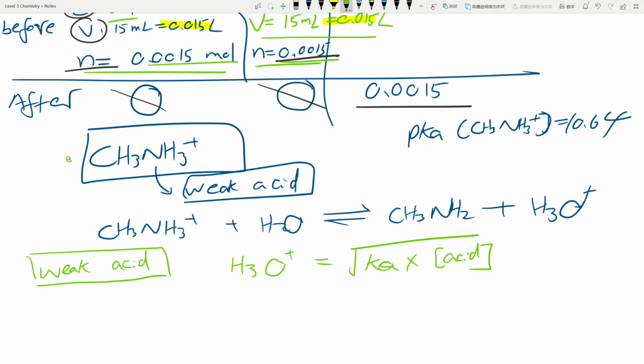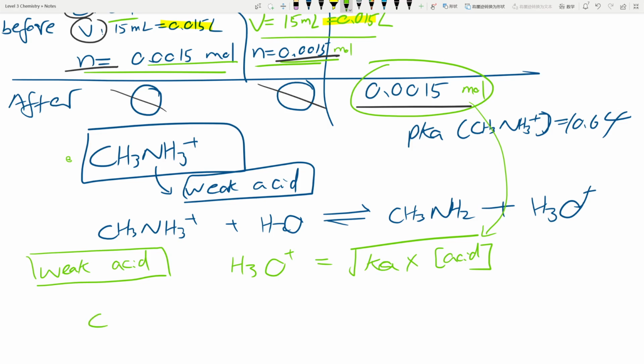And this is the reason why this one is a little bit harder, because a lot of people just use 0.0015 as the concentration of the acid. Well, you can't, because remember, the units here, excuse me, we should put the units here, are moles. This is how many moles we have.